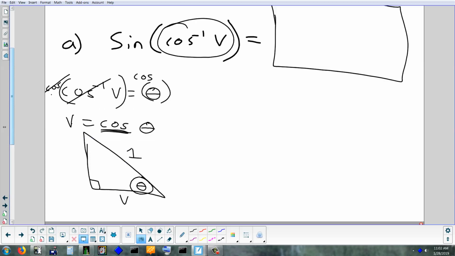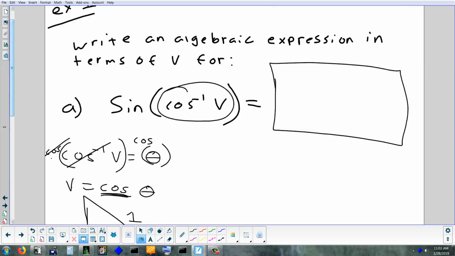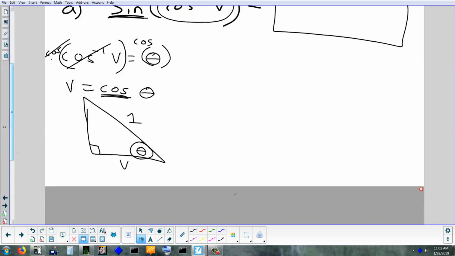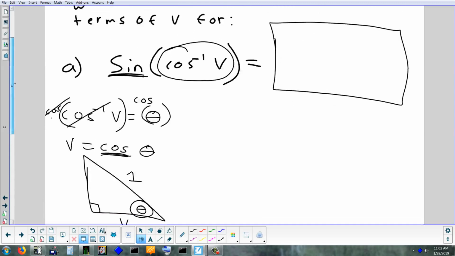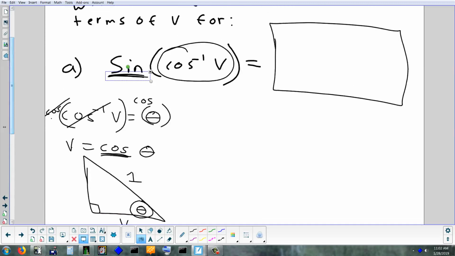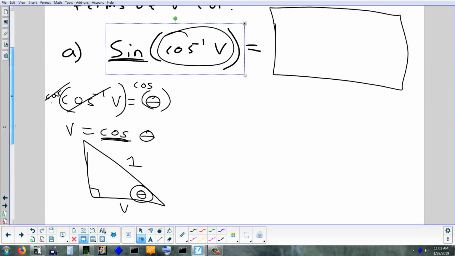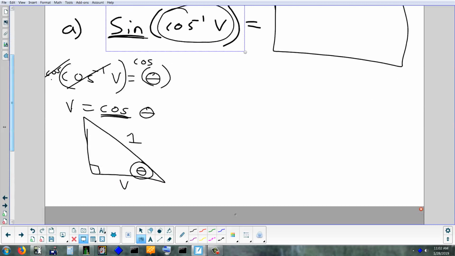Now, what I really want, the answer they want, is the sine of the picture I just drew. That's what they're looking for. What's the sine of this picture? So to find sine, what side am I missing? Opposite. I'm missing the opposite.